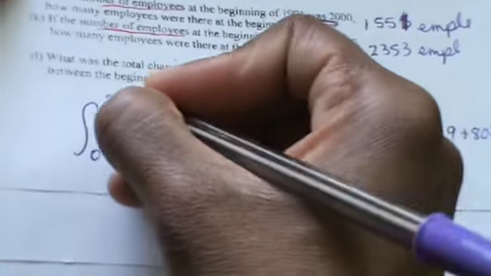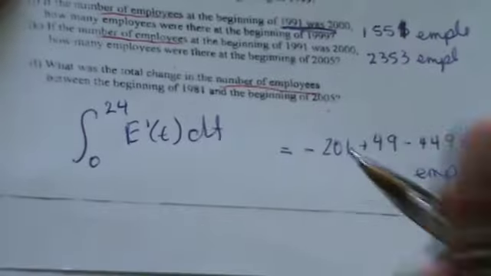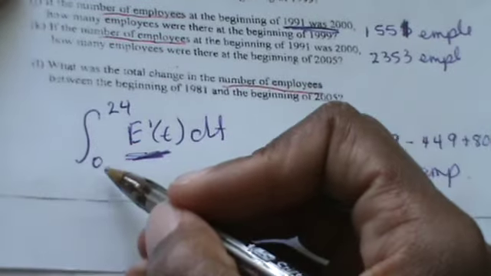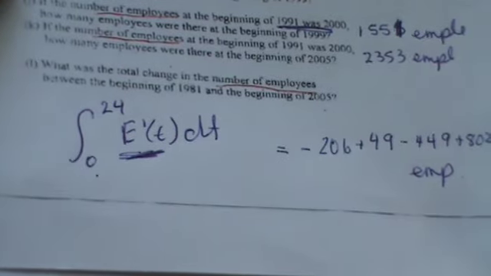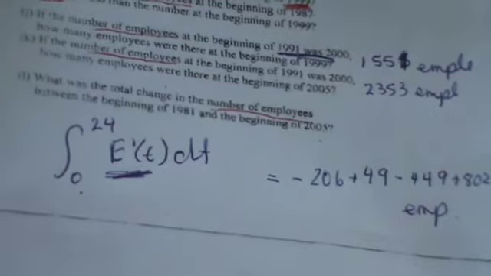So the mathy way of writing this is the integral from 0 to 24 of E prime of t dt, right? Because your region is trapped between this function and the x-axis, starts at x equals 0, ends at x equals 24.